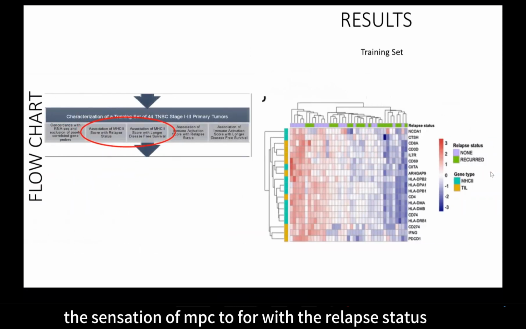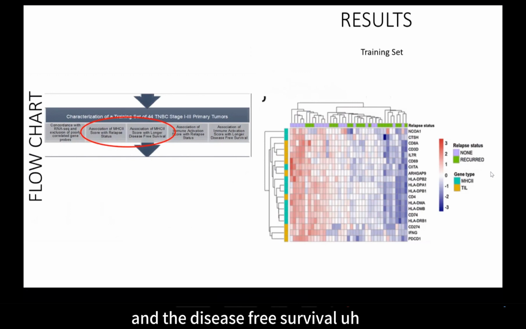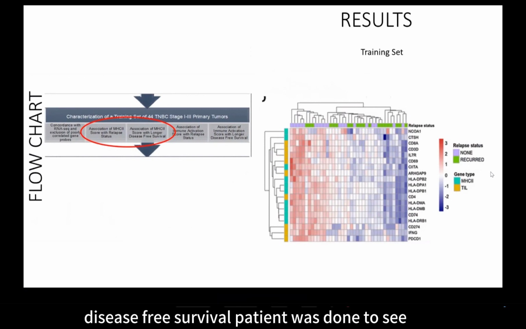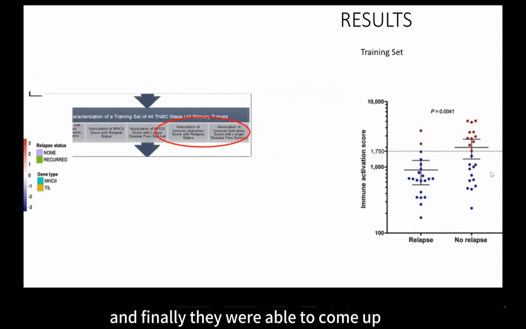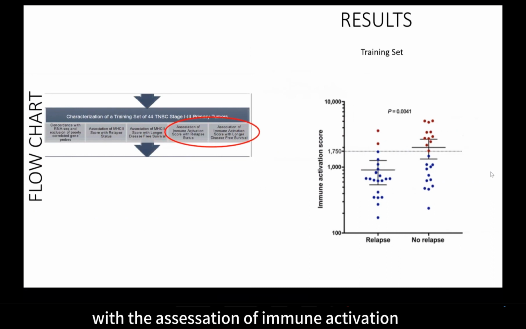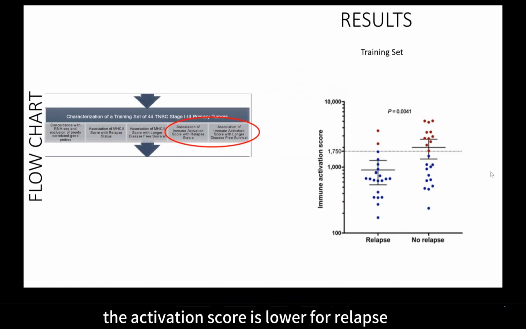The association of the MHC2 score with the relapse status and the disease-free survival of patients was done to see that there is more expression of MHC2 and TIL genes in the non-relapse patients compared to the relapse patients. Finally, they were able to come up with the association of the immune activation score with relapse and non-relapse. As we can see here, the activation score is lower for relapse and higher for the non-relapse.